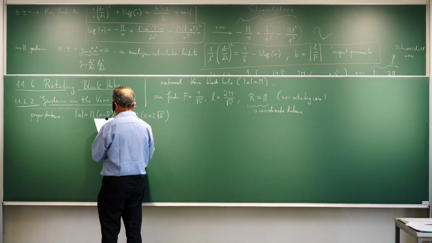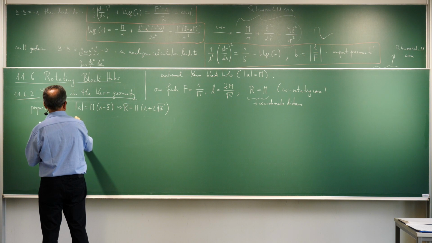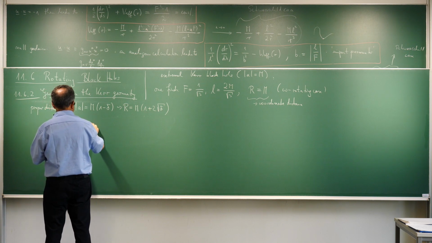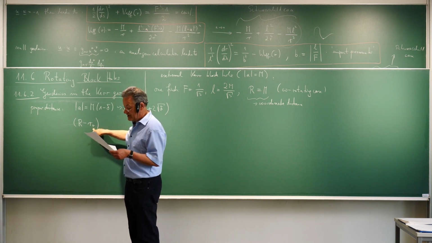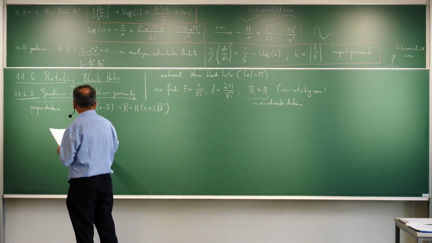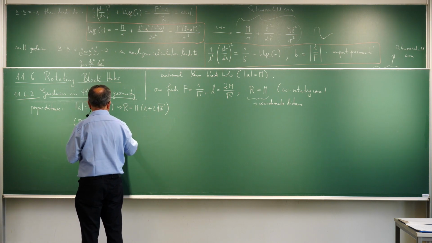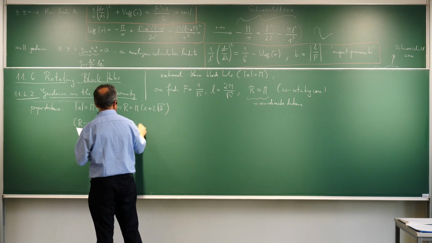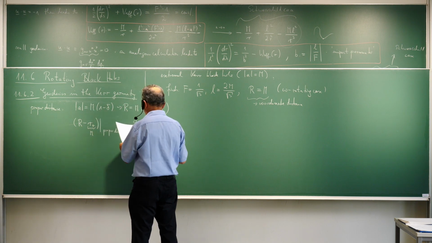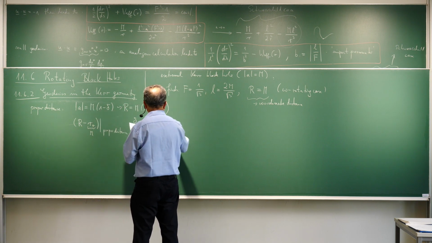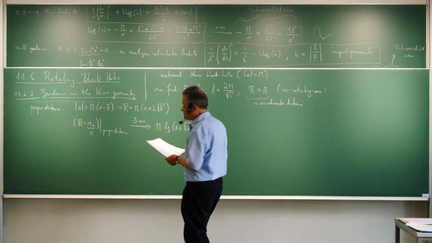If you take R minus R plus, the value of the event horizon, which is actually M, you have the proper distance that corresponds to this coordinate distance. When you go to the extremal case, you have M times the logarithm of 1 plus the square root of 2.